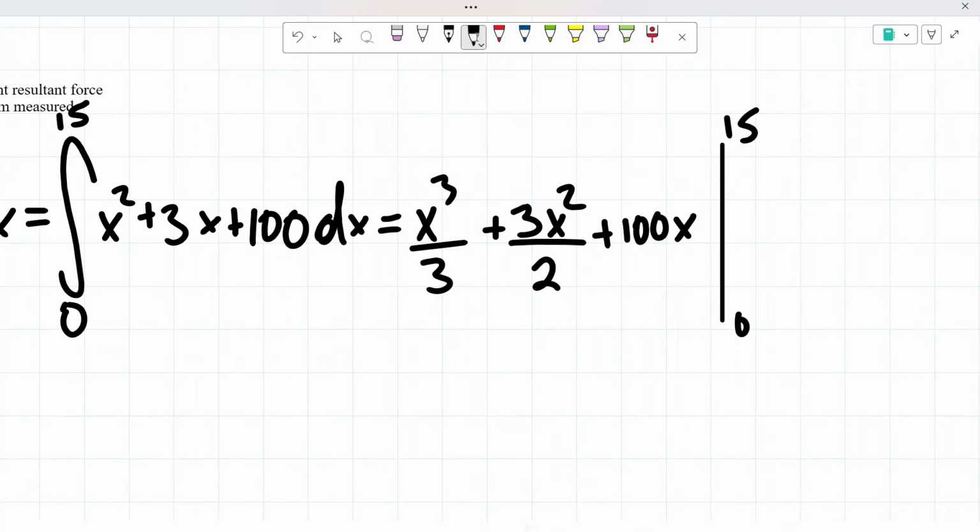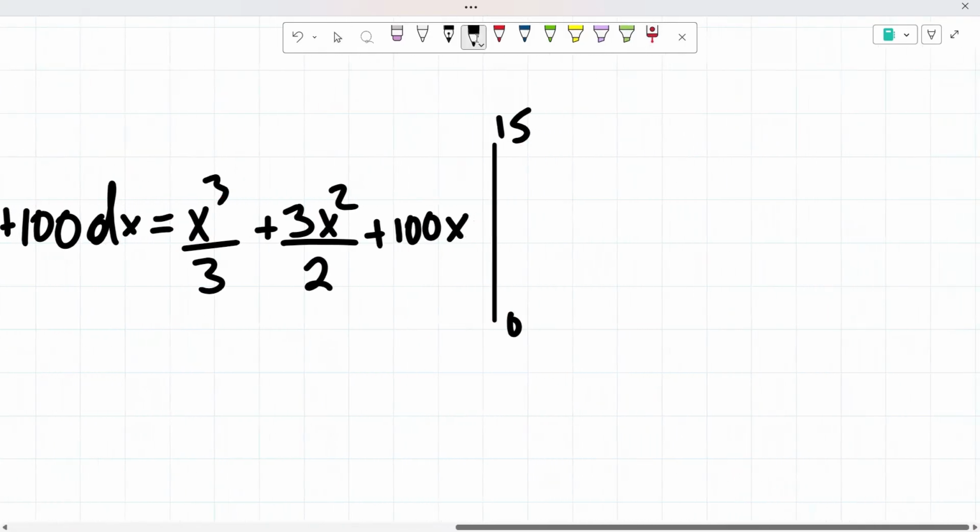And from there, we're just simply going to plug in 15 to the x's, and then the second term is going to be 0. So from there, we know that's simply going to be equal to 0.